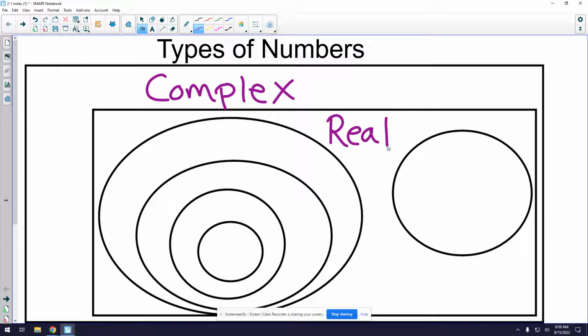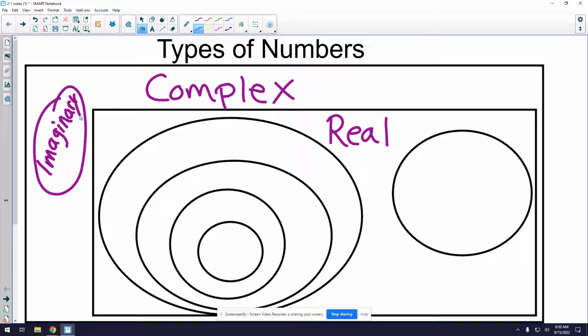Inside the complex, there's not a little place for it, but if a number is not real, then you can make yourself a little circle here. They're actually called imaginary. And no, I am not making that up.